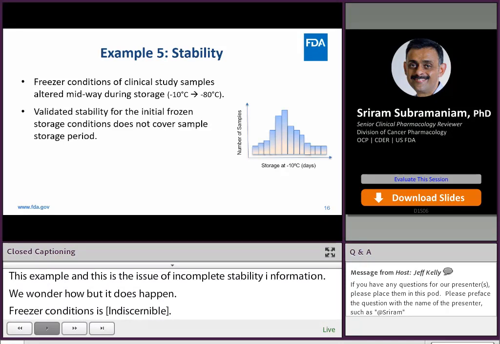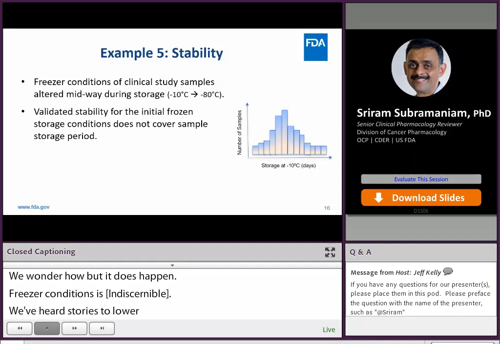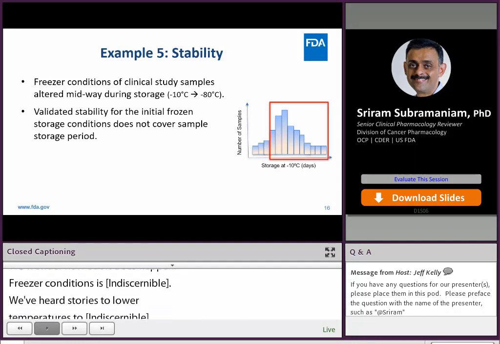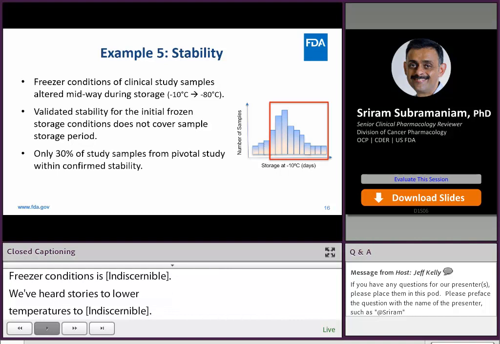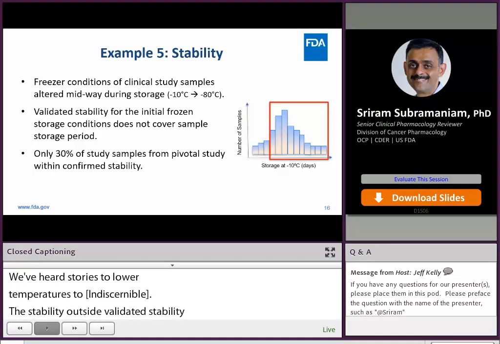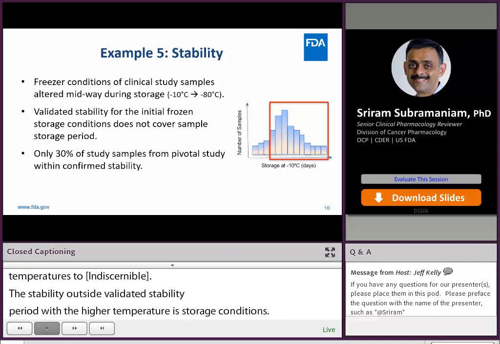Majority of the study samples were outside the validated stability period at the higher temperature storage condition. Only 30% of the study samples from the pivotal study were within the confirmed stability period at the higher temperature storage conditions. So, all in all, this is not good news, as there were insufficient study samples for PK modeling and simulation.